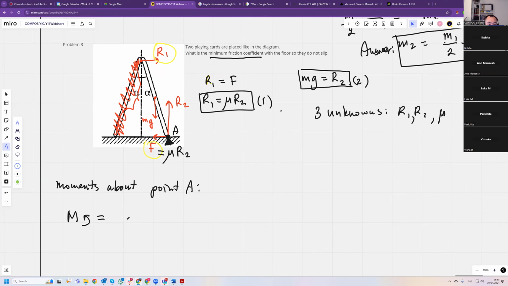Which force is trying to rotate the card anti-clockwise around the pivot? Mg.